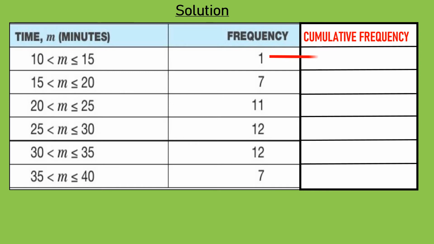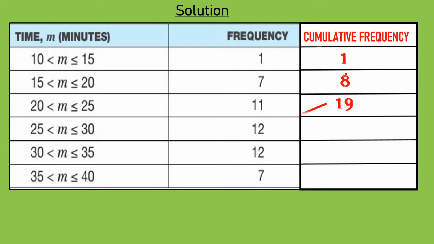So the first point is the frequency of the first class, which is 1. Then to get the next, we take 1 plus 7, which gives us 8. Next is 8 plus 11, which is 19.